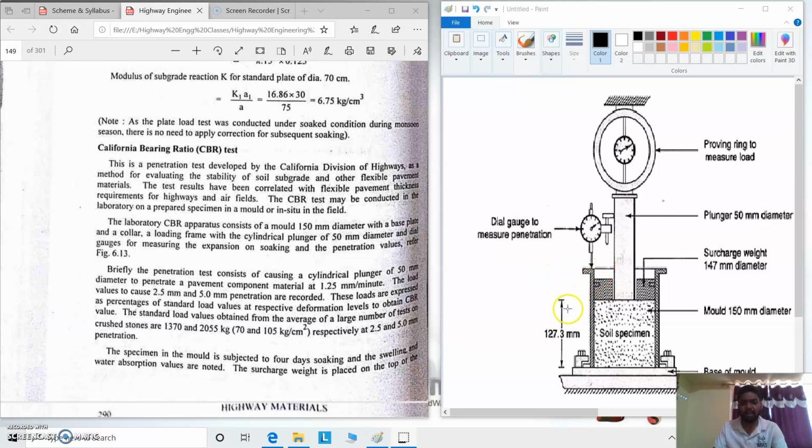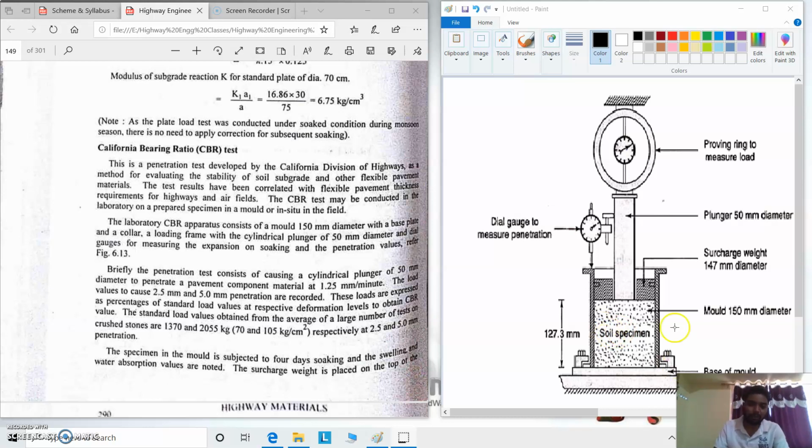And the specimen we are using here is compared to the standard specimens. The standard specimens are tested on this CBR machine, with crushed stones, and the loads are 1370 and 2055 kg respectively for 2.5 mm and 5 mm penetrations.